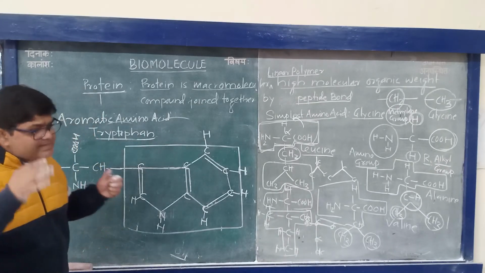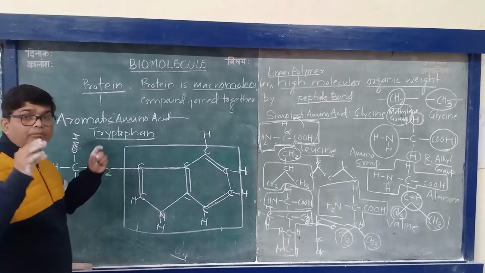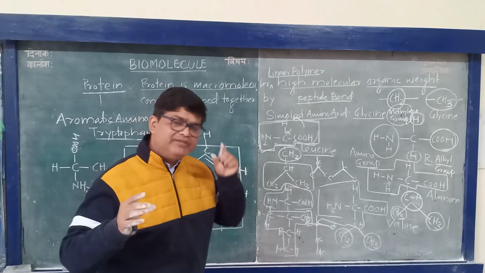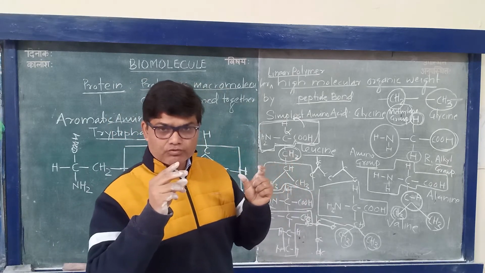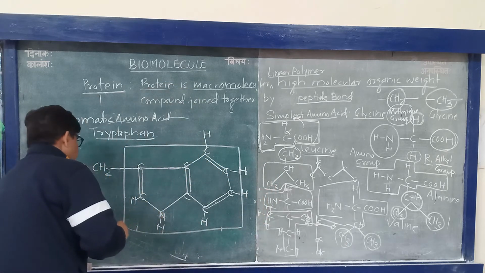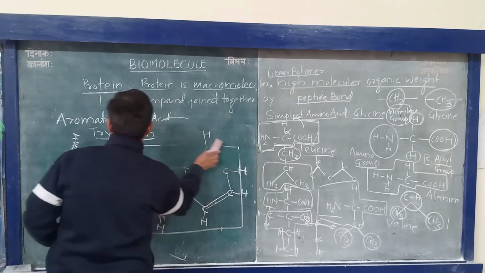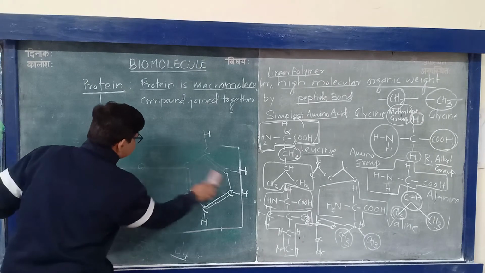I will discuss the basic amino acids next day. Before that, I want to discuss a chemical bond. That is very important between two amino acids. So what type of bond is there? You know, suppose I am going to draw a chemical structure of two simple amino acids.